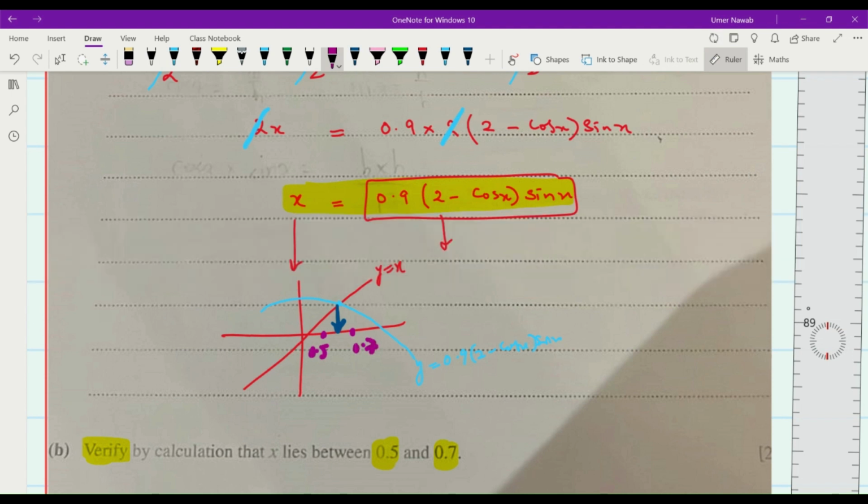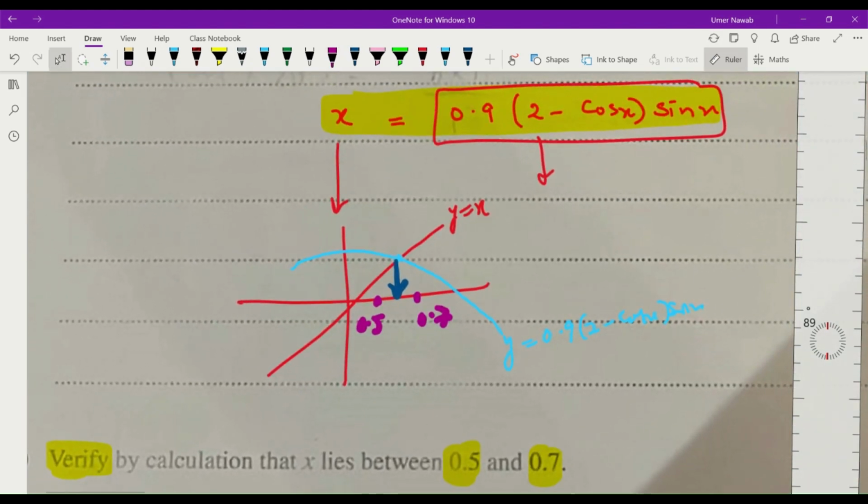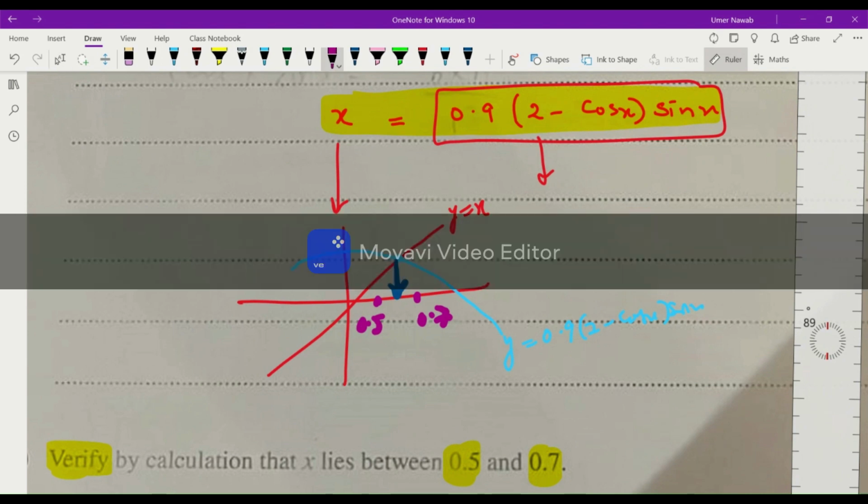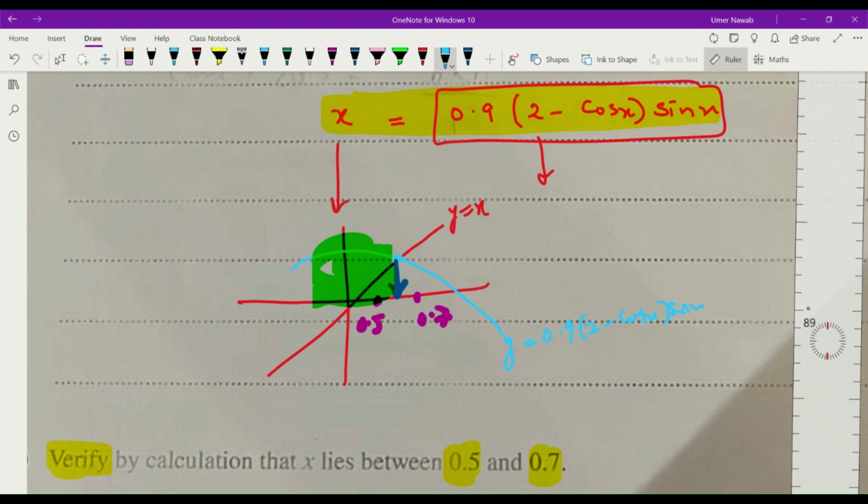Got it? Now, how can I confirm that this intersection is happening between 0.5 and 0.7? So, my dear friends, you can see on the left hand side what is happening. Our blue curve is up and our red line y is equal to x is down.